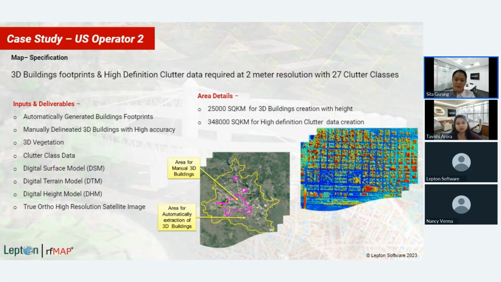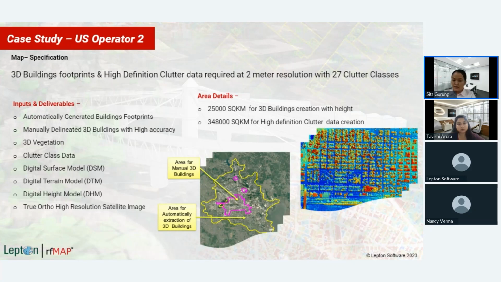In fact, the volume is much, much bigger than the previous one. For this project, we created a 3D data set for almost 25,000 square kilometers, and in terms of 2.5D or clutter data set, we created a clutter height dataset for 348K square kilometer area.